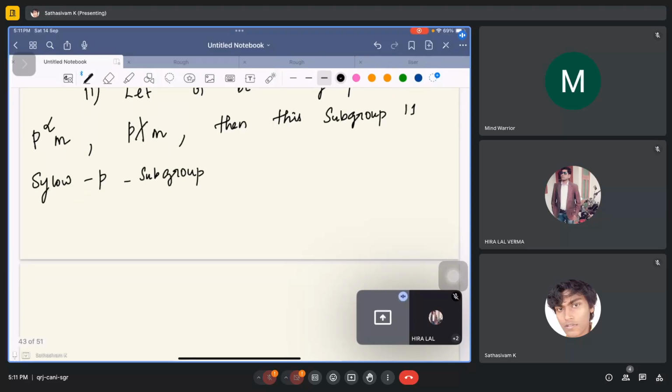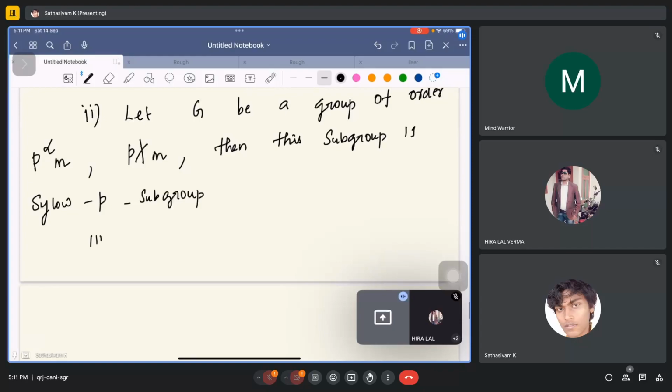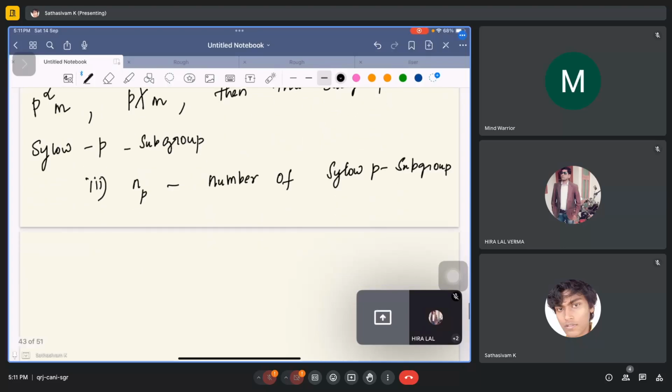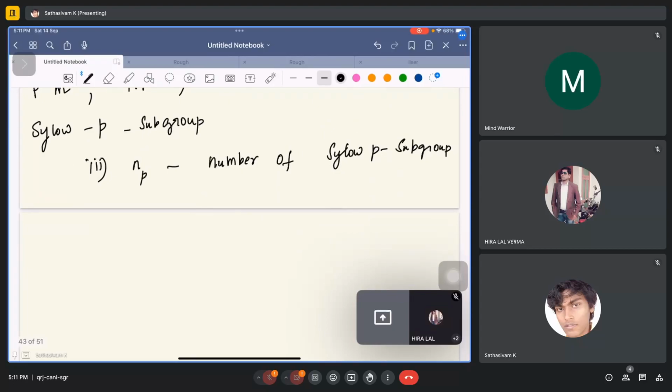And the number of Sylow p-subgroups we denote by n_p. This denotes the number of Sylow p-subgroups. We call this one with the symbol Syl_p(G).